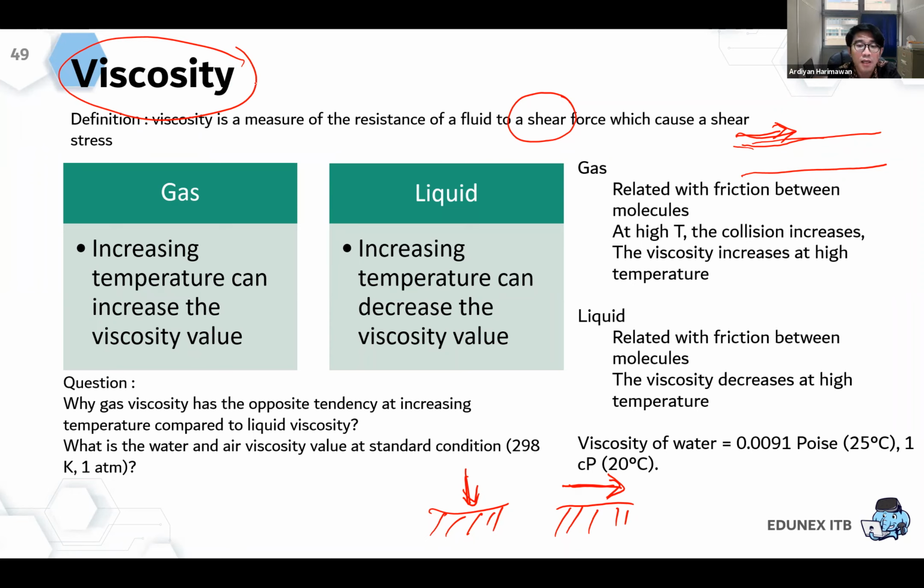Okay, why does a fluid, whether it's gas or liquid, give resistance? Kenapa gas dan cairan itu bisa memberikan perlawanan kalau dikasih shear force?